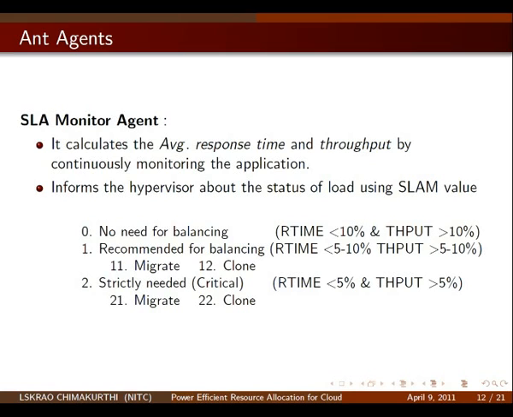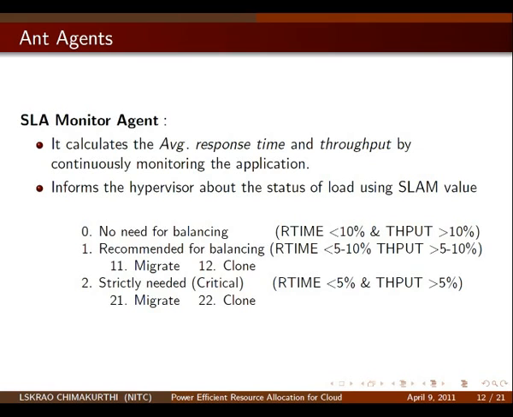0 means that the load on the application is very less, so there is no need for load balancing. 1 means that load balancing is recommended, the load is moderate. In this case there are two options, one to migrate and one to clone. When we migrate this VM to a lightly loaded node, the throughput might increase, but the response time still remains, because the service requests will be staying in the queue itself, so the response time will not decrease.